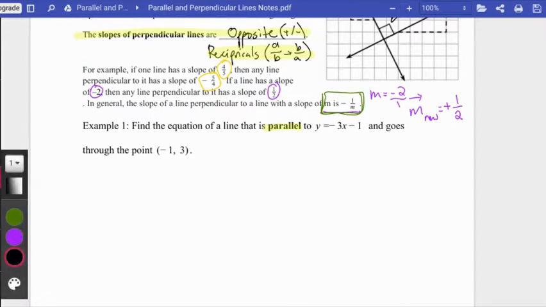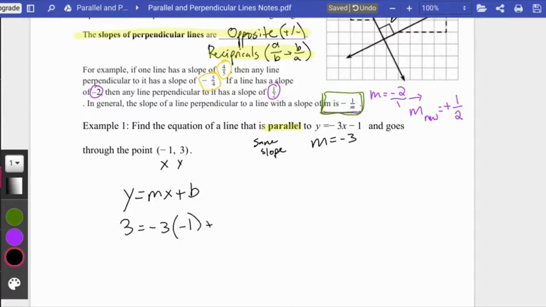In this case, parallel means the same slope. The slope of this line is -3, so we also want a slope of -3. Then we have a coordinate pair. We're going to plug that into y equals mx plus b. Our y is 3, our slope is -3, our x is -1. We have to find the y-intercept. It's not usually the same as the equation that you were given in the problem.